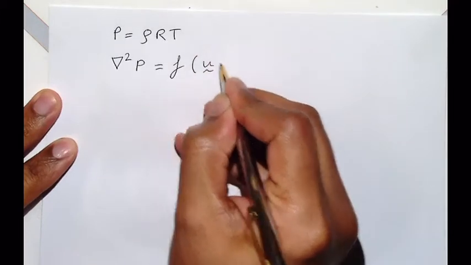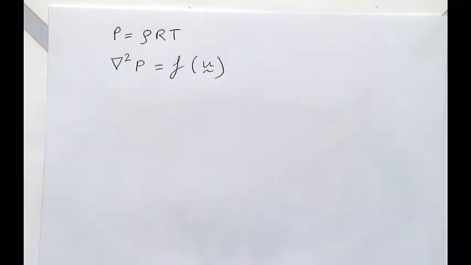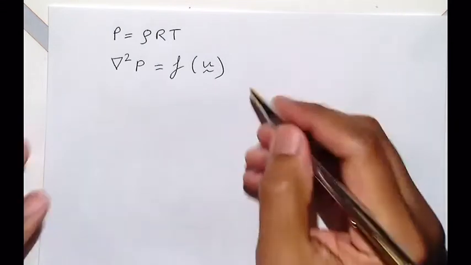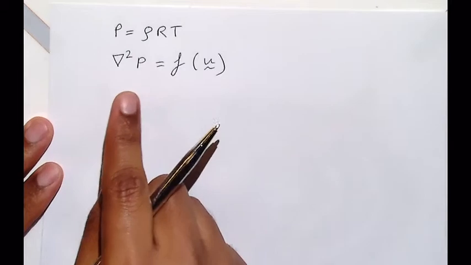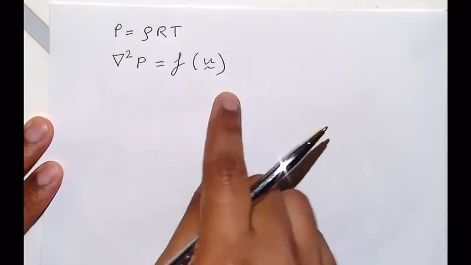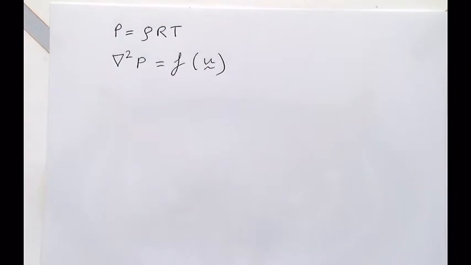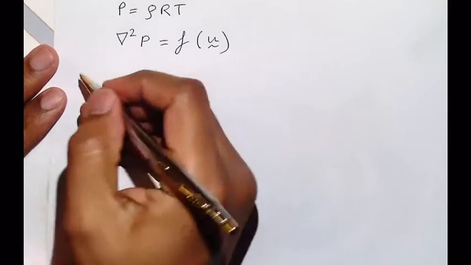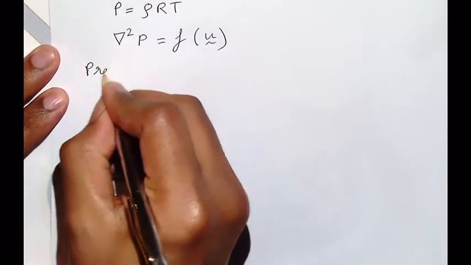So it's a function of the velocity vector. Okay, and so today we will see how exactly this pressure term is related to velocity by going through the conservation laws.